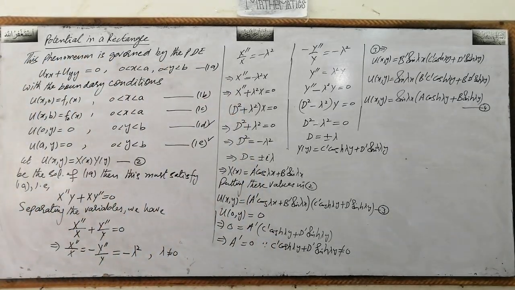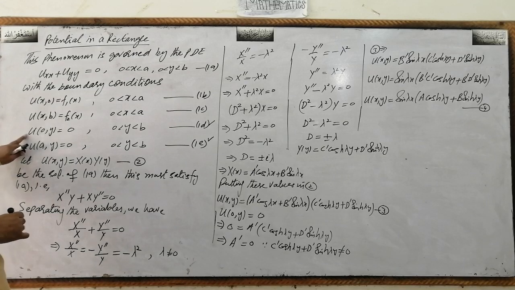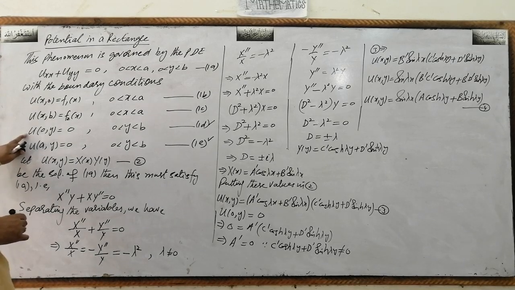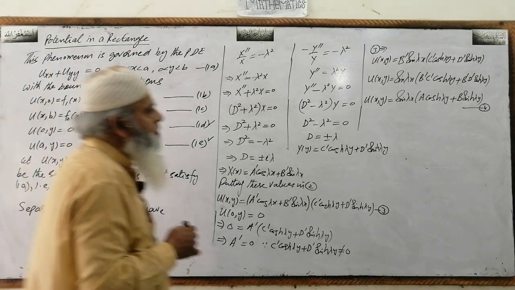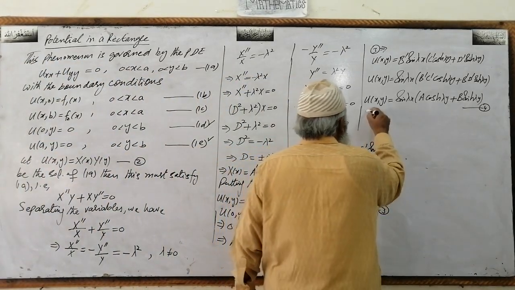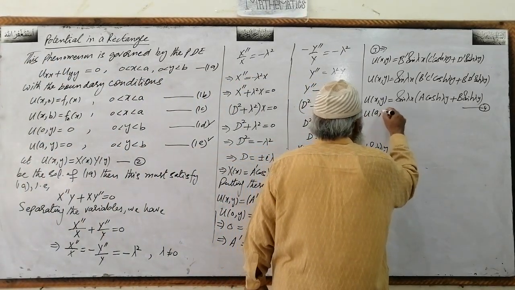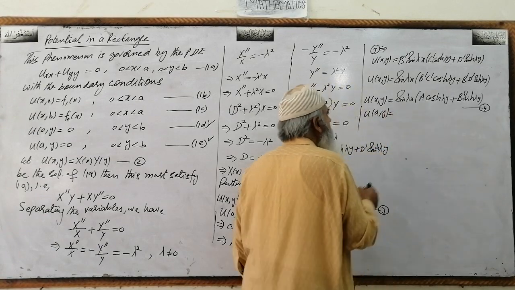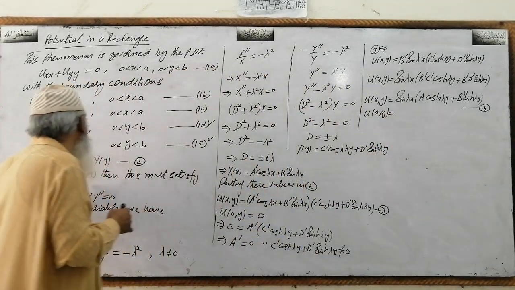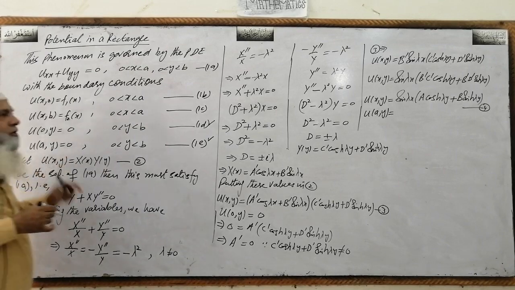Now, so far we have applied only this boundary condition. When you apply another boundary condition, what will happen here? You put here x is equal to a and remain y as it is. u(a, y) is equal to 0.